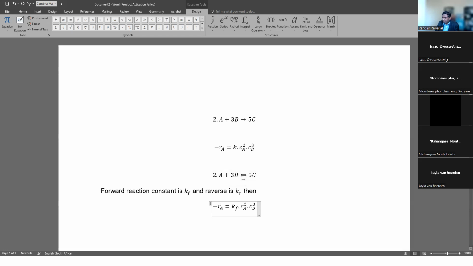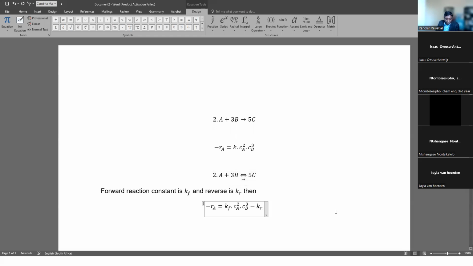We have written the reaction rate as a consumption rate, so that's why I'm leaving that as a plus. And then A is produced in the reverse reaction. So because we are working as consumption here, we need to say minus, and then k sub R. And then the reverse reaction rate is 5 C's going back here.